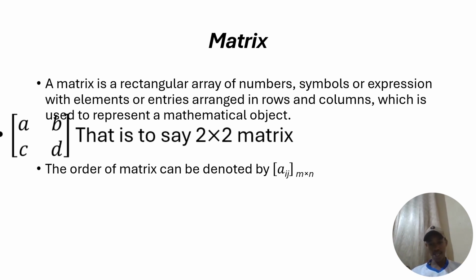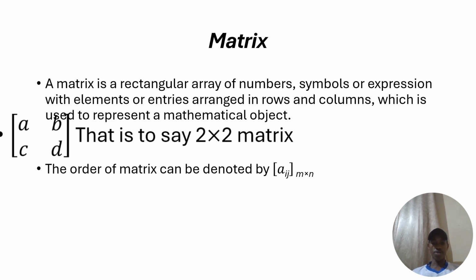The order of a matrix can be denoted by that A in those brackets, where I represents rows and J represents columns. So that M N represents the order of the matrix, that is M by N. As you're seeing above, we are having a 2 by 2 matrix.